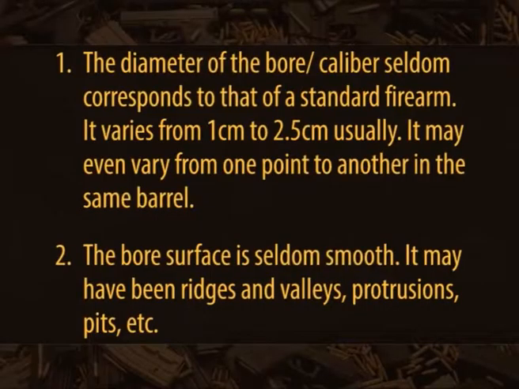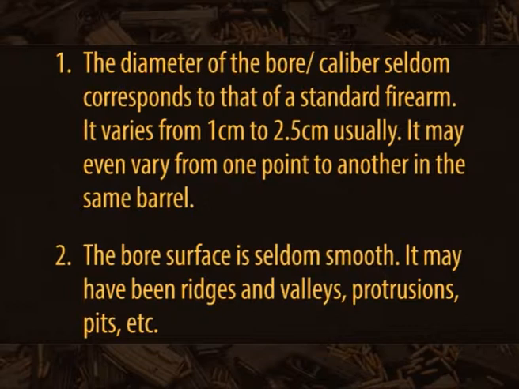The following points are noteworthy about the barrels in such firearms. The diameter of the bore, the caliber, seldom corresponds to that of a firearm. It usually varies from 1 centimeter to 2.5 centimeters. It may even vary from one point to another in the same barrel. The bore surface is seldom smooth.